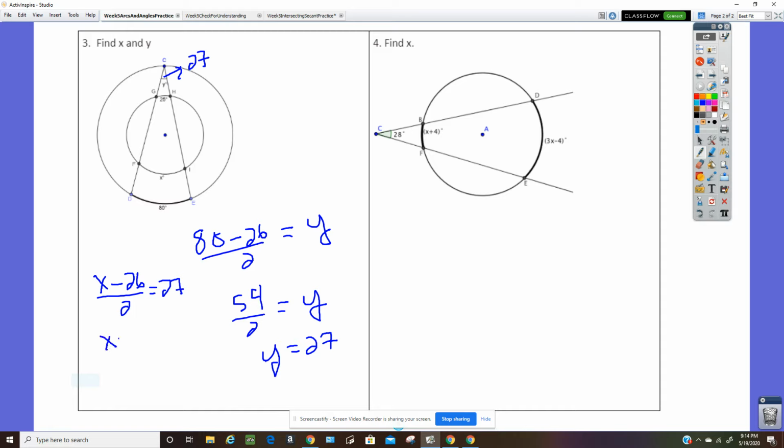So x minus 26, if I multiply both sides by 2 here, is equal to 54. Then x is 80. So this is 80 also.